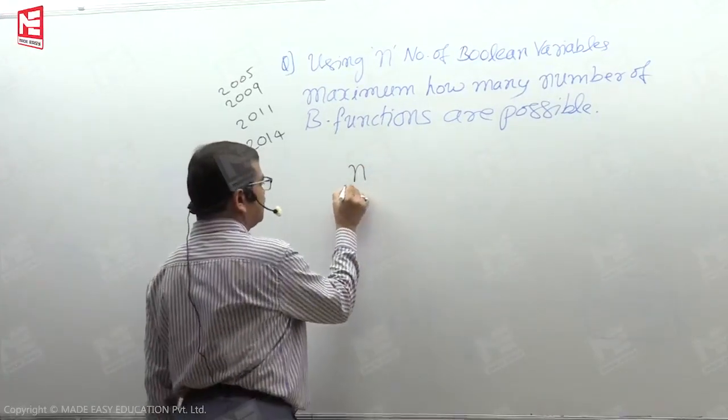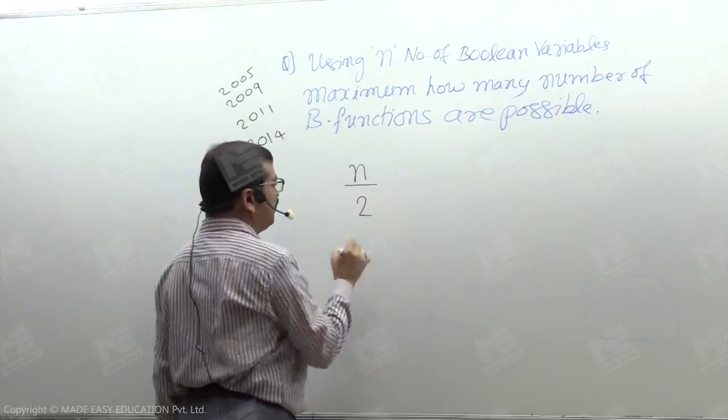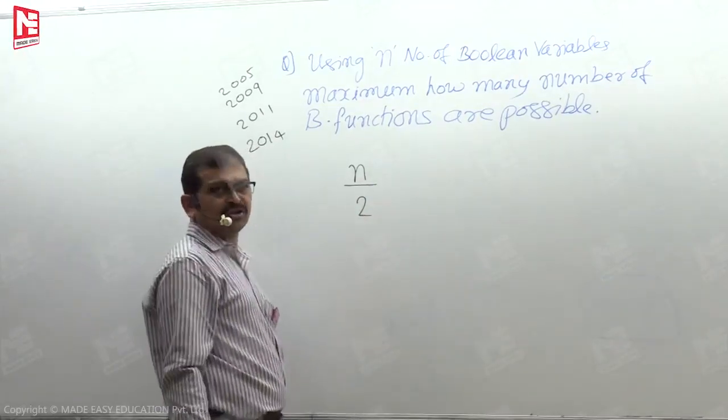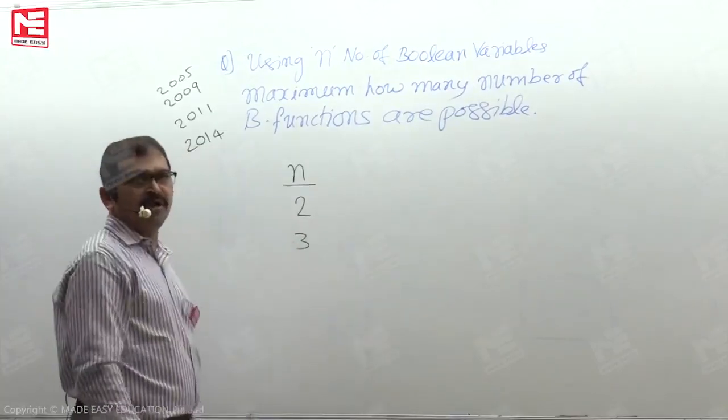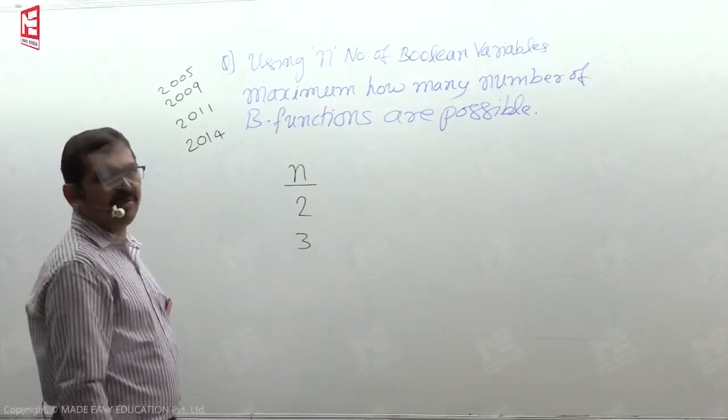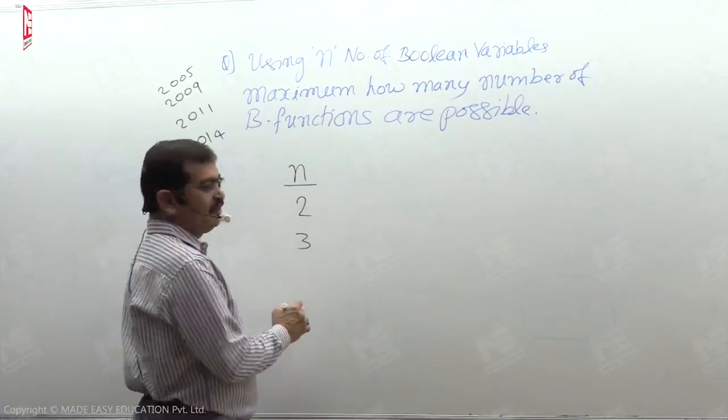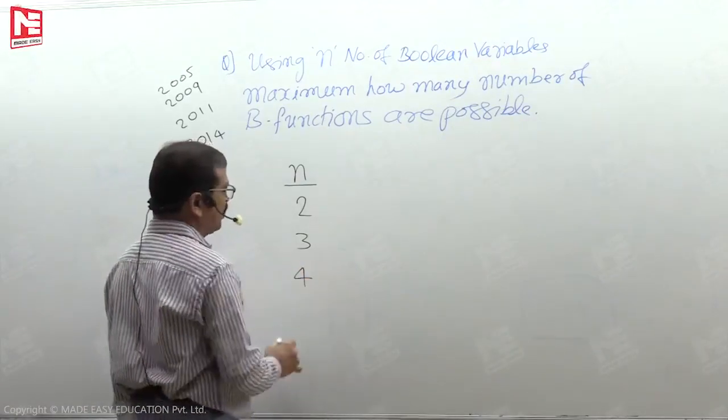It means sometimes by using two Boolean variables, maximum how many number of functions are possible, or by using three Boolean variables, maximum how many number of functions are possible, or maybe by using four Boolean variables, maximum how many number of functions are possible.